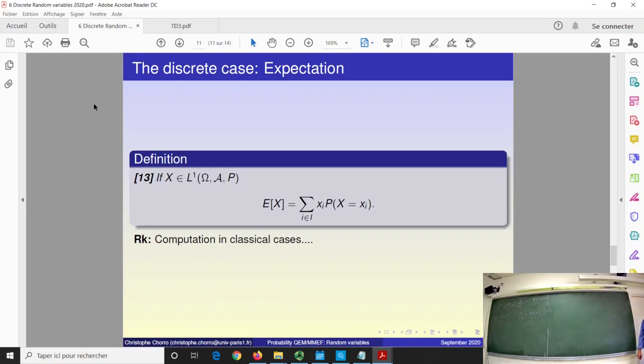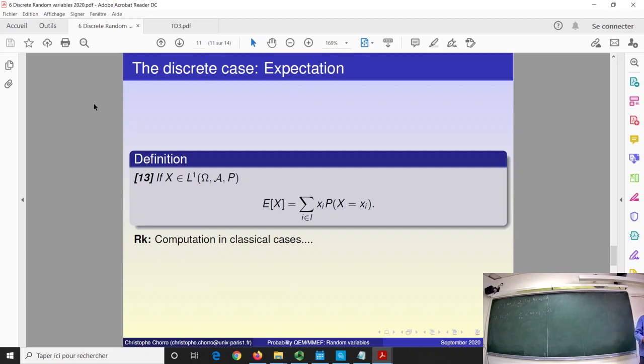So, I have defined the spaces where the expectation is well defined. Now we are going to compute, in the cases we have seen together, uniform, binomial, and so on, the expectation of these random variables. For uniform, binomial, and Bernoulli, I won't have the problem of whether the sum is finite or not, because I have finite sums.